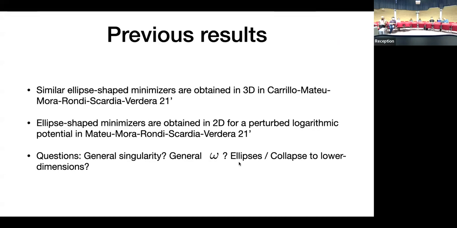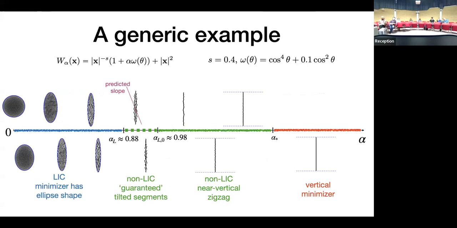Okay, so to give you some idea about what's going on, let me show you a very surprising numerical simulation result in a very generic situation. Here, what I take is this kind of anisotropic interaction potential with a parameter alpha as the strength of the anisotropy.